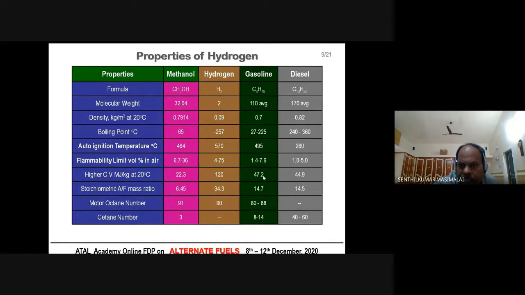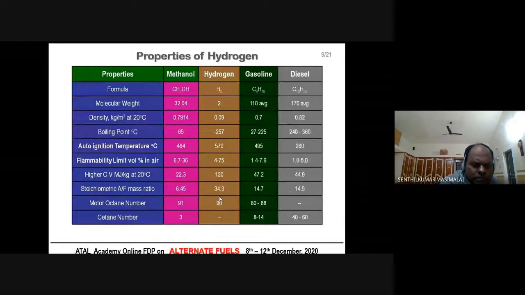Gasoline has 47 and diesel has 45 megajoules, whereas hydrogen has the highest energy content. The other important property is the octane number. Hydrogen has a higher octane number than gasoline. So this is another important property.